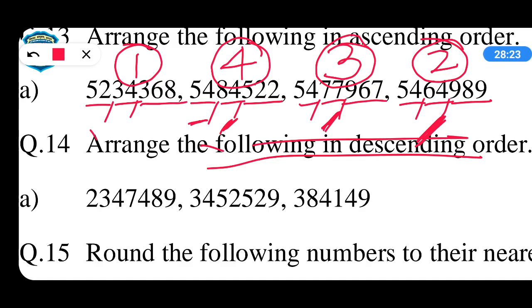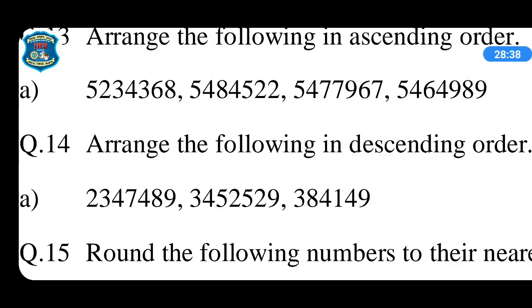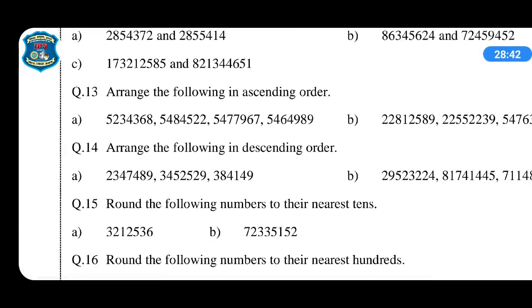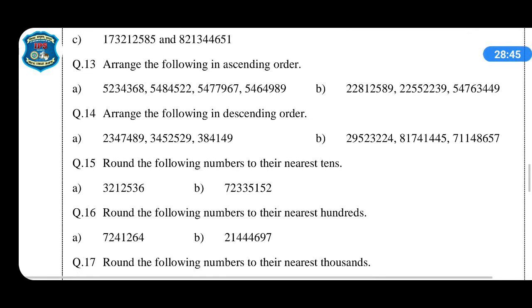So this is the smallest, then this is on second position, this is third number, this is the fourth number. You have to arrange these numbers in this order. Got it? So read the number carefully. First put comma, read the number carefully, then you can compare, then you can arrange them in ascending or descending order.